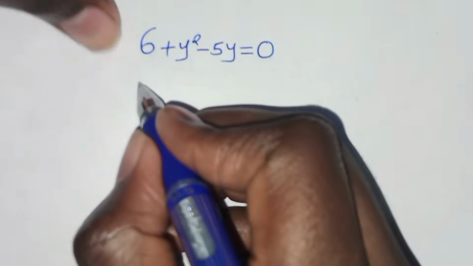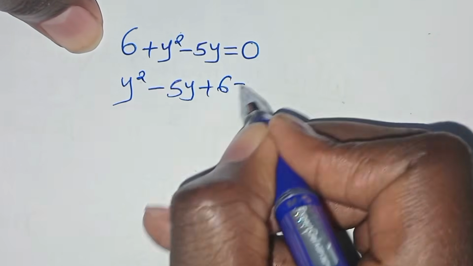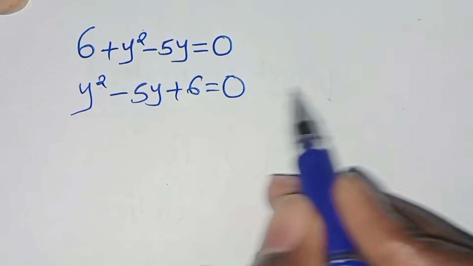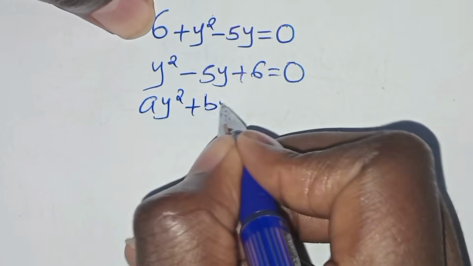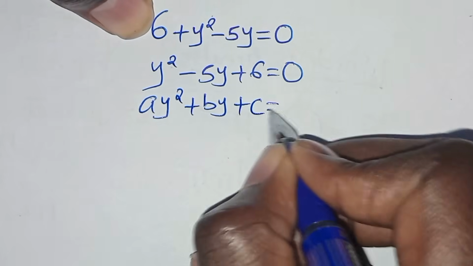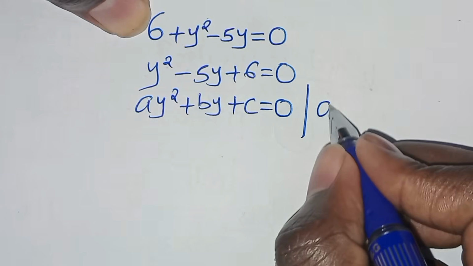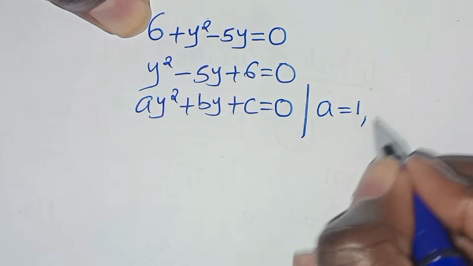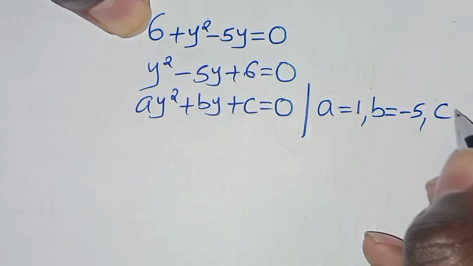Now this implies here, this is y squared minus 5y plus 6, this is equal to 0. Now this is a quadratic equation of the form ay squared plus by plus c equal to 0. From this quadratic equation, a is equal to 1, b is equal to minus 5, and c is equal to 6.